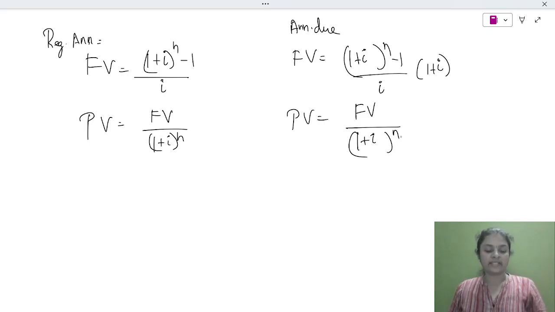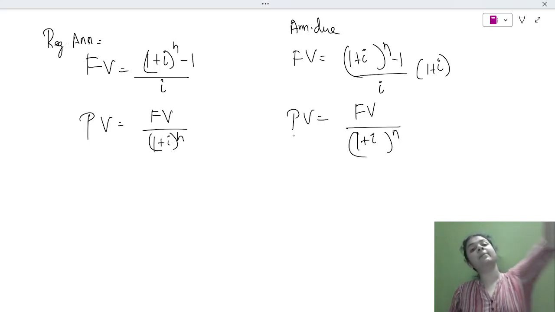Okay? For example, if they say a loan taken today. So loan taken today means it is today's value. Today's value means it is the present value. Sometimes they may say the loan repayable value.